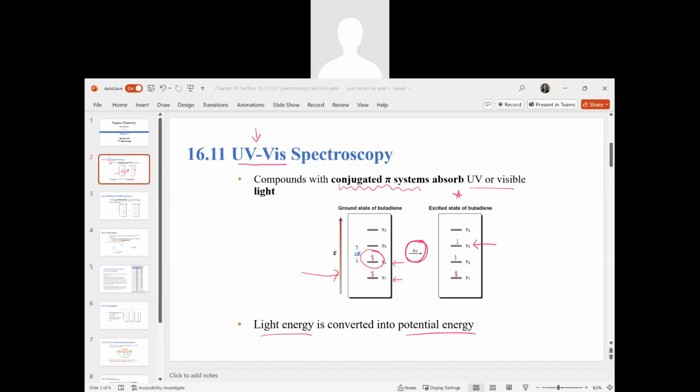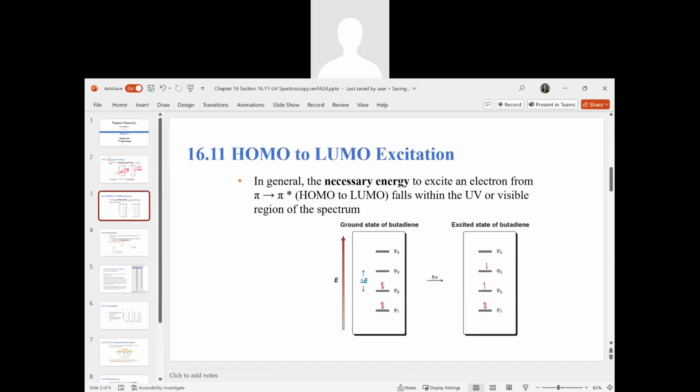This is again our excited state of butadiene, and we see that this is now our highest occupied molecular orbital, and this is now our LUMO up here. Whereas before, this was our LUMO and this was our HOMO, the highest occupied. So we can see that conversion of light energy into potential energy. In general, the energy necessary to excite an electron can fall within that UV or visible region of our spectrum.